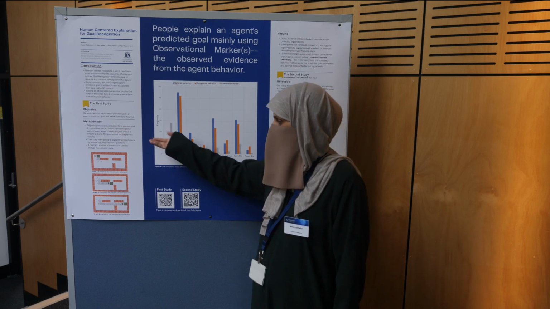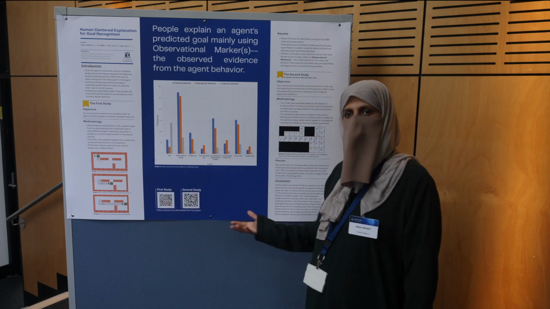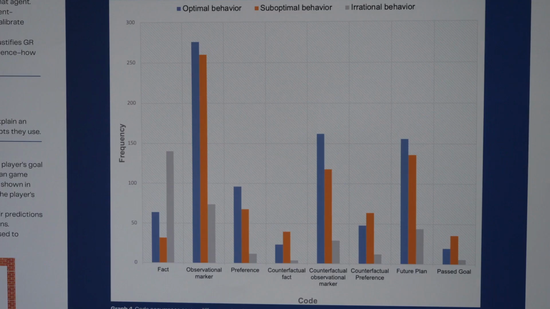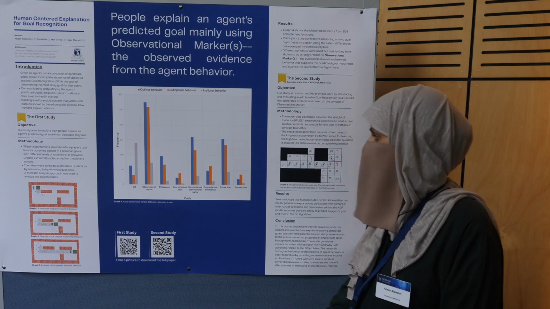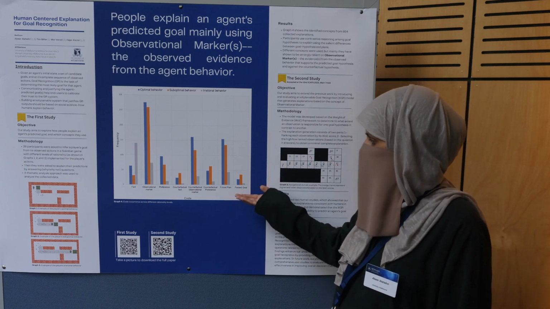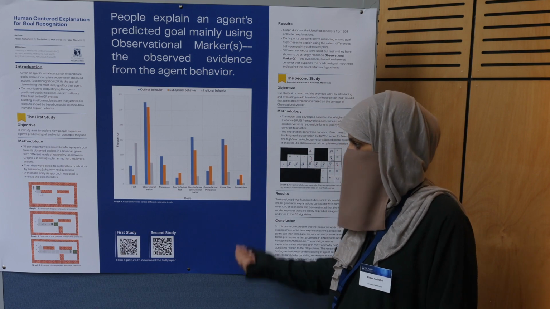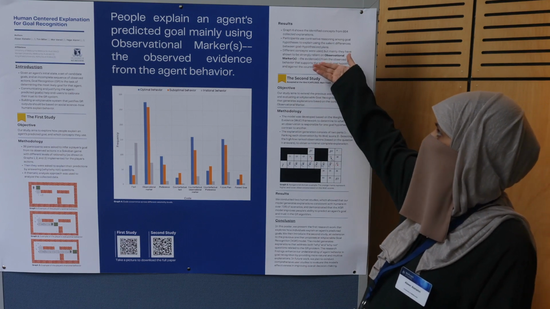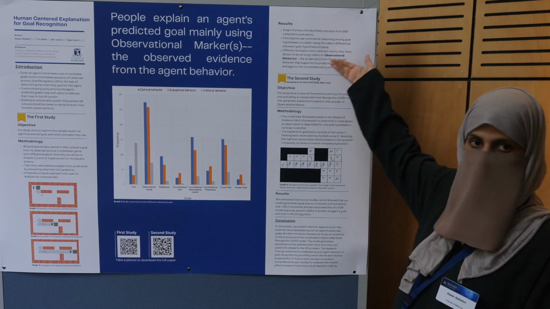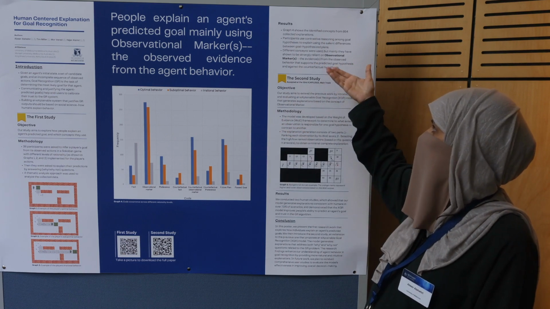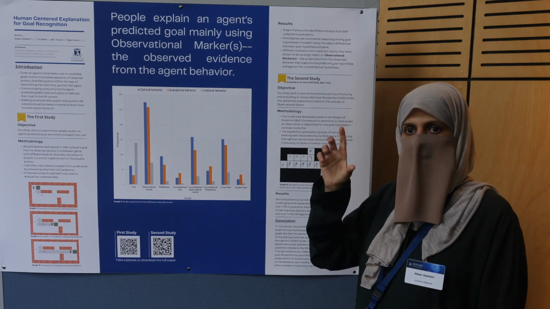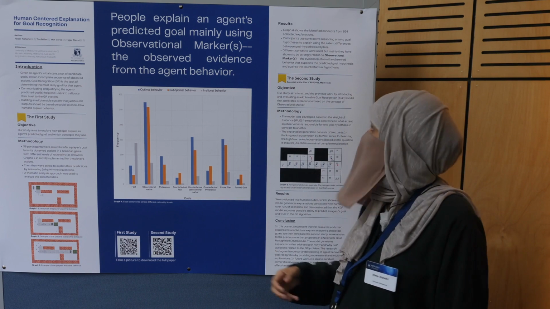From there, we collected about 800 explanations, and we followed the thematic analysis approach to highlight the main concepts people use to explain the agent behavior. We ended up with mainly 8 concepts over the provided explanations, and we noticed that people strongly rely on observational markers, which is the evidence from the observed behavior that is most important to the predicted goal versus the others.